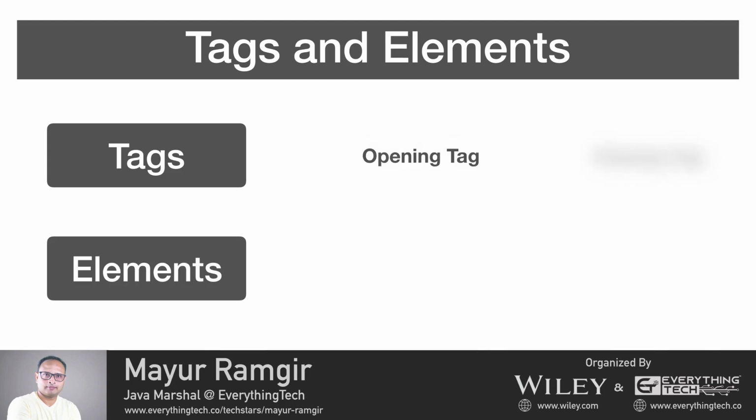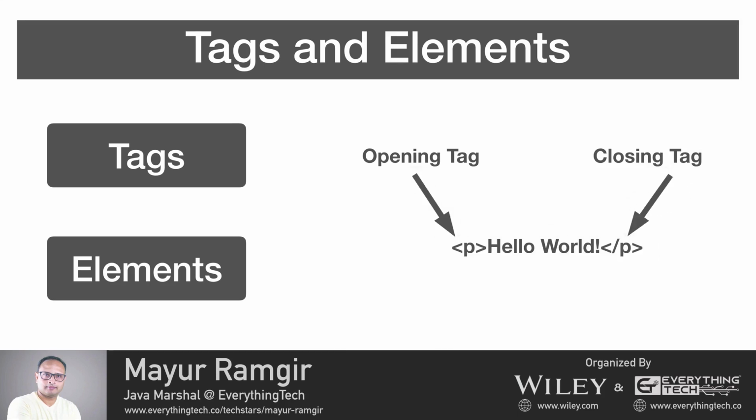The first part is an opening tag and the second part is a closing tag. The only difference between an opening and a closing tag is the forward slash. An element is the collection of the start tag, its attributes, an end tag, and everything that comes in between.